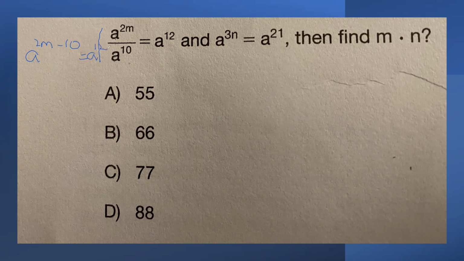Once again, we're going to drop the bases, because if the bases are the same, the exponents have to be the same. So I'm going to have that 2m minus 10 is equal to 12.